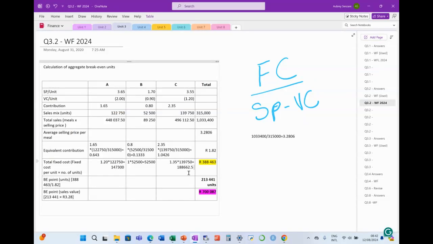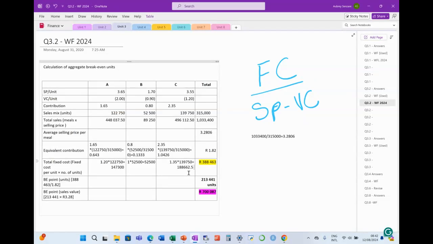So now we use our average contribution margin, which is the 1 rand 82 we calculated there. Then you get 213,000 units 441.